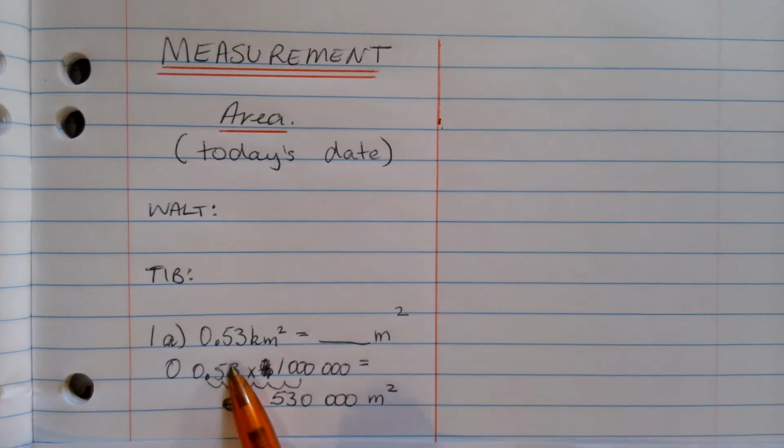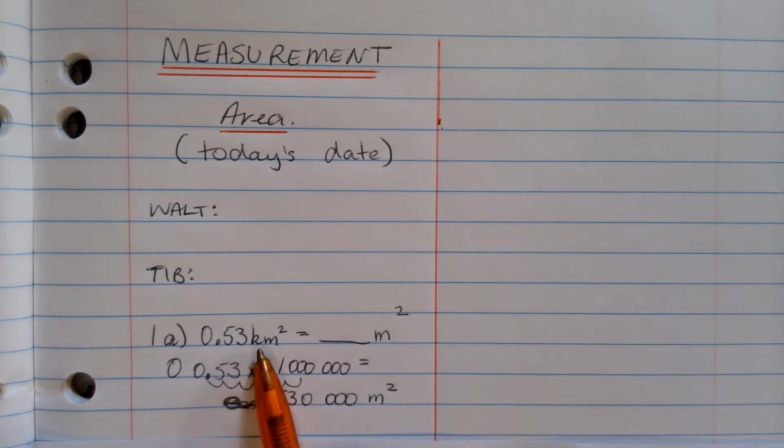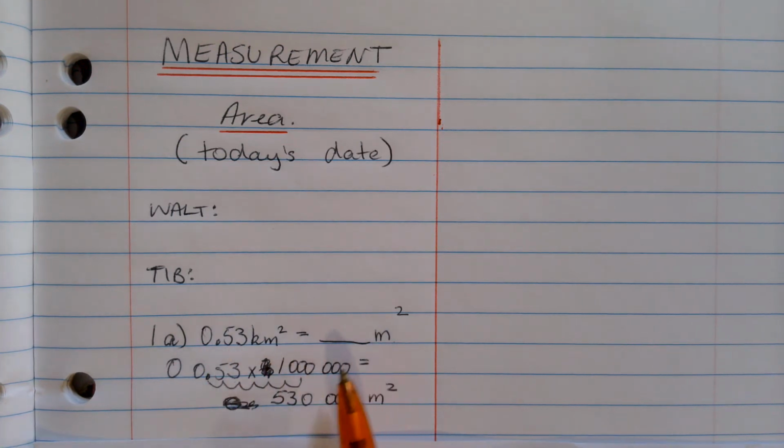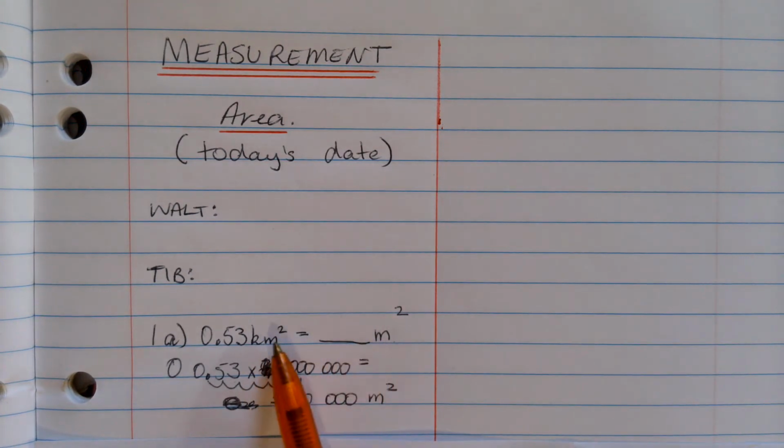It has asked you to convert 0.53 square kilometres to square metres. Now you know that's going from a bigger unit to a smaller unit. Going to a smaller unit needs a bigger number. To make a bigger number, you need to multiply. There are 1,000 metres in a kilometre.